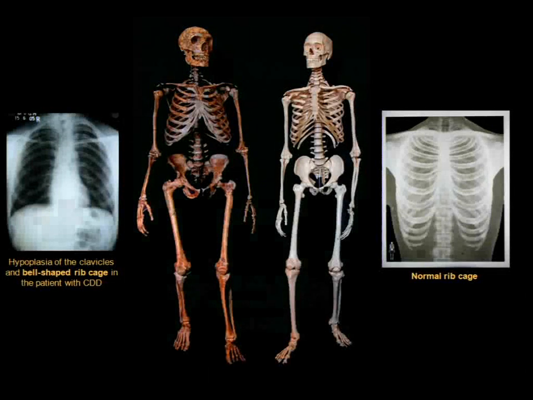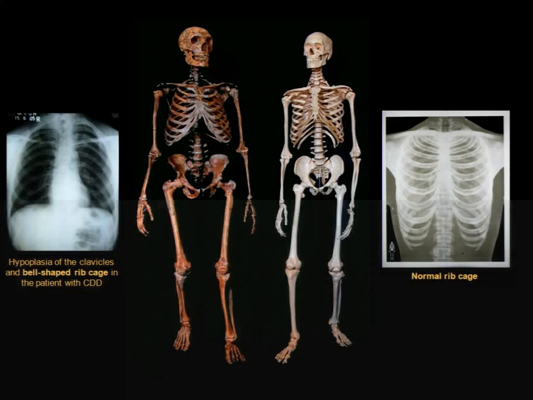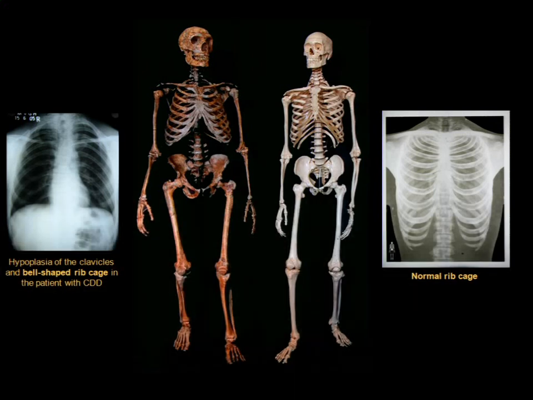And a bell shape here in a CCD patient compared with a normal control is a difference between the Neanderthal skeleton and modern humans. So it's very tempting to speculate that some change in RUNX2 has to do with things that we actually observe in the fossil record.